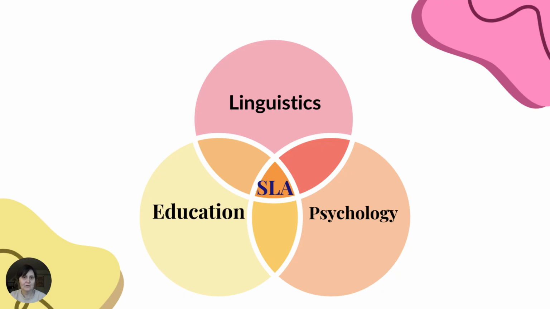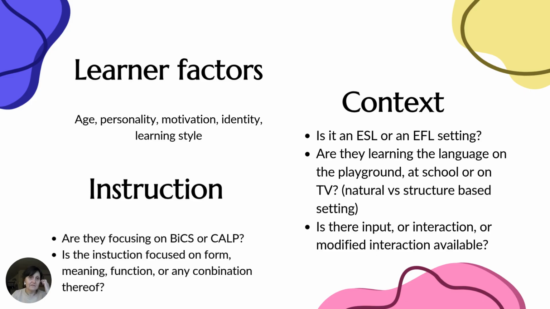So, second language acquisition is truly at the intersection of three very broad disciplines. Also, the factors that impact learning are learning factors, the ones that we've discussed, those fancy theories, that are very interconnected.